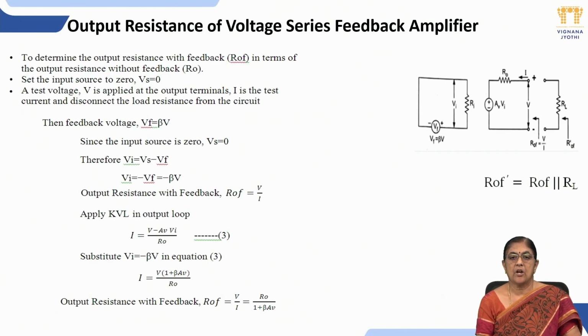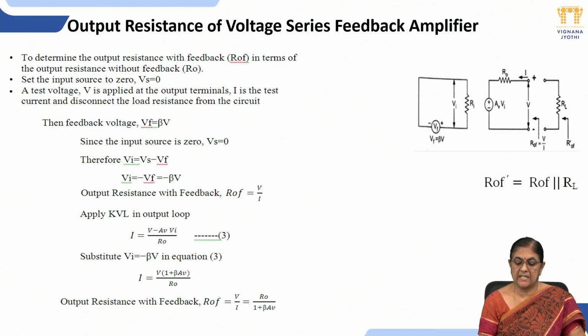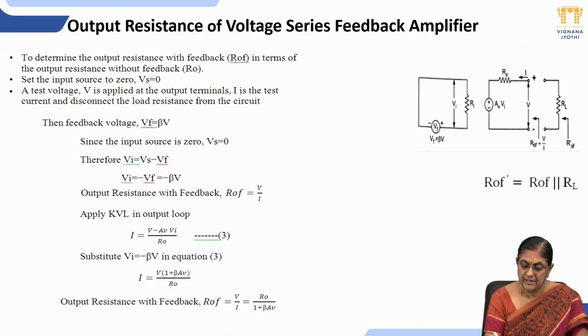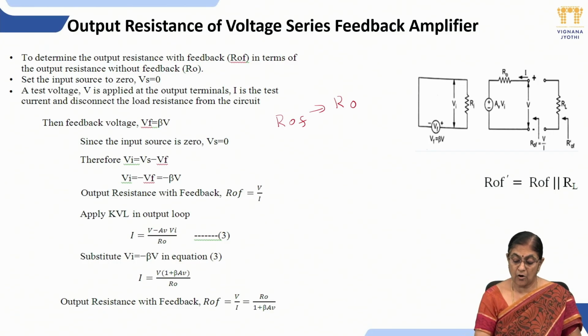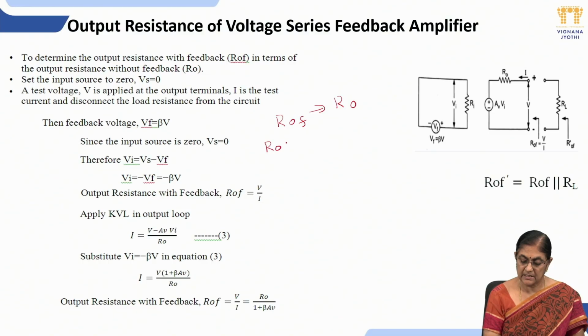Now, output resistance of voltage series feedback amplifier. To determine output resistance of the feedback amplifier, remember this point, derive the expression for R0F in terms of R0. What is R0F? Output resistance with feedback.